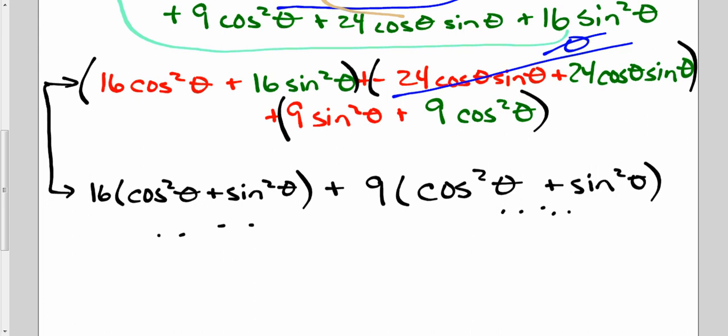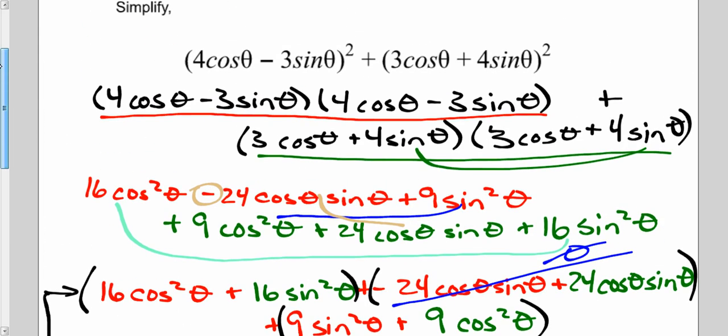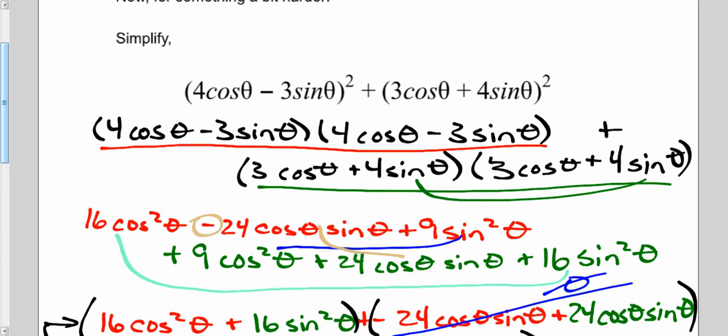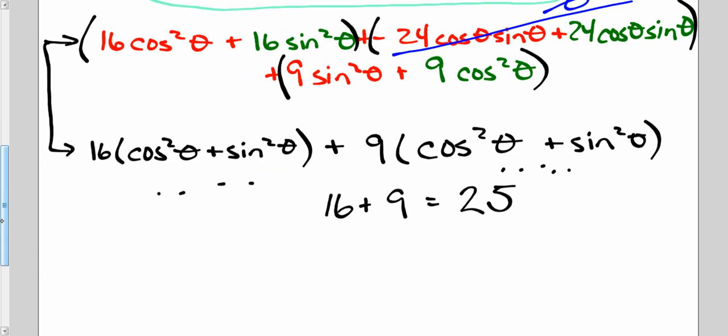And this is a fancy way of writing what number? So then this is just 16 plus 9, which equals 25. Now, if I was presented with this, would I much rather work with that when I'm doing algebra? You bet your hind quarters, right?